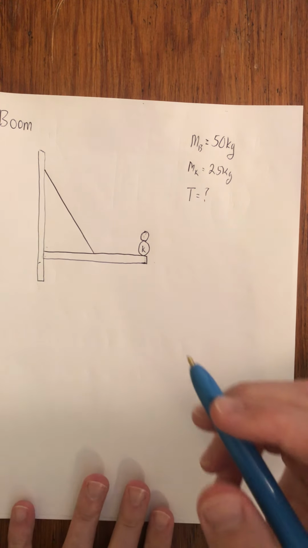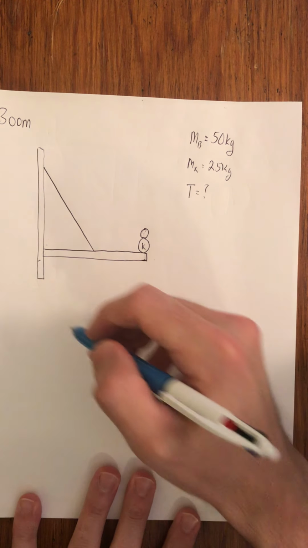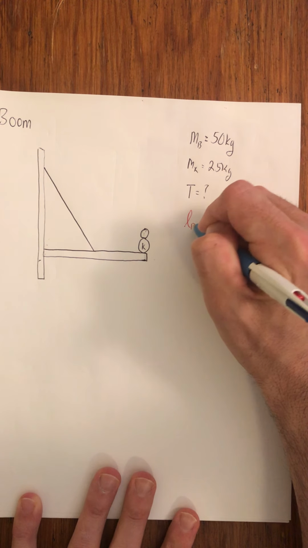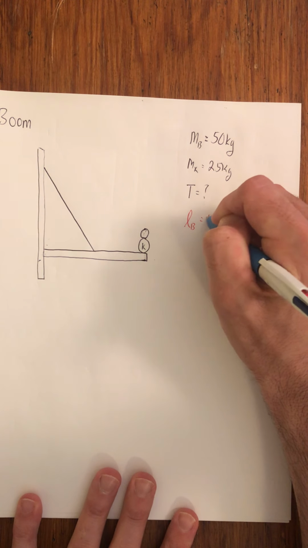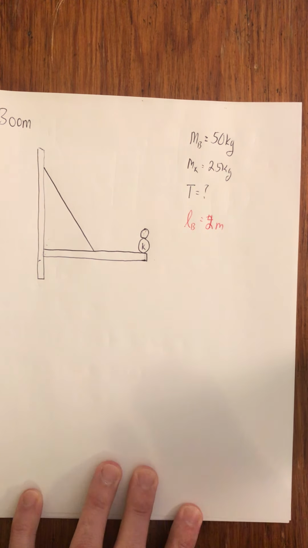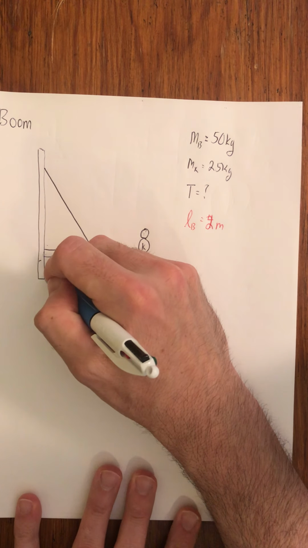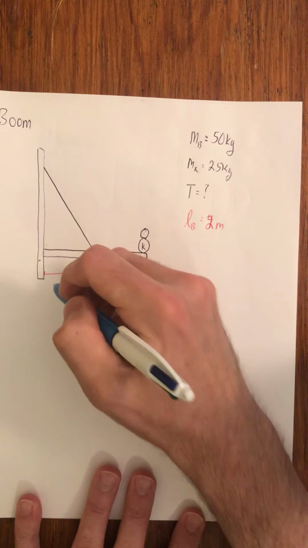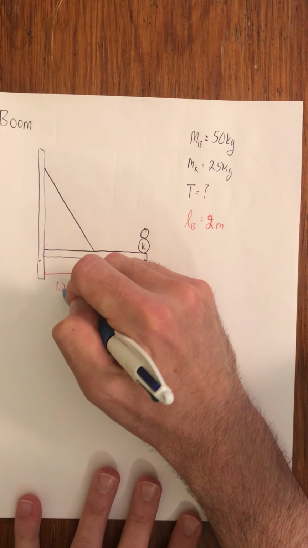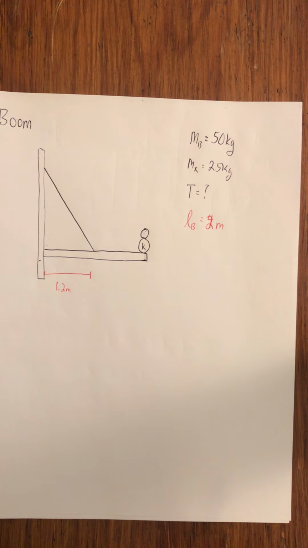Let's say that the length of the boom is 4 meters. No, that's ridiculously long. 2 meters long, right? And let's say that this wire here is attached, I don't know, 1.2 meters from the edge. Drawing really not to scale, but there we go.